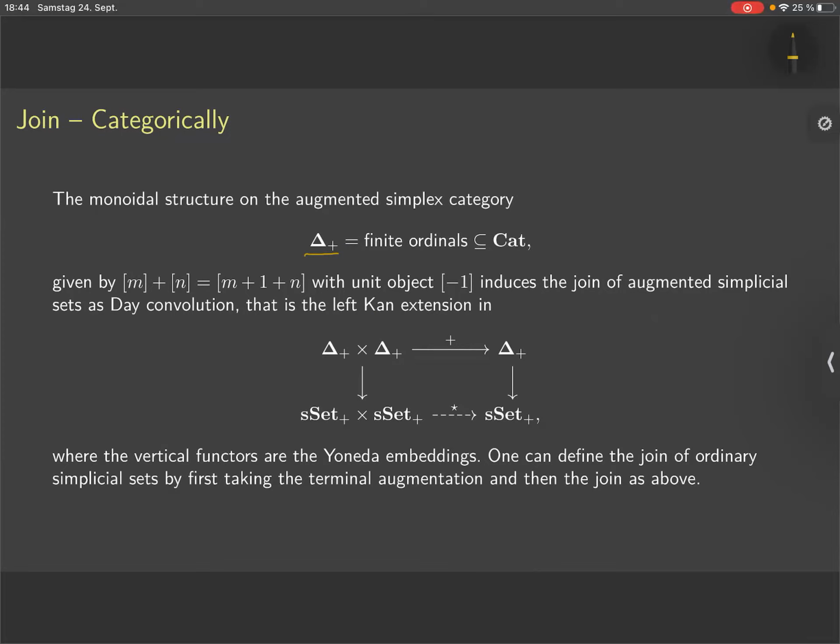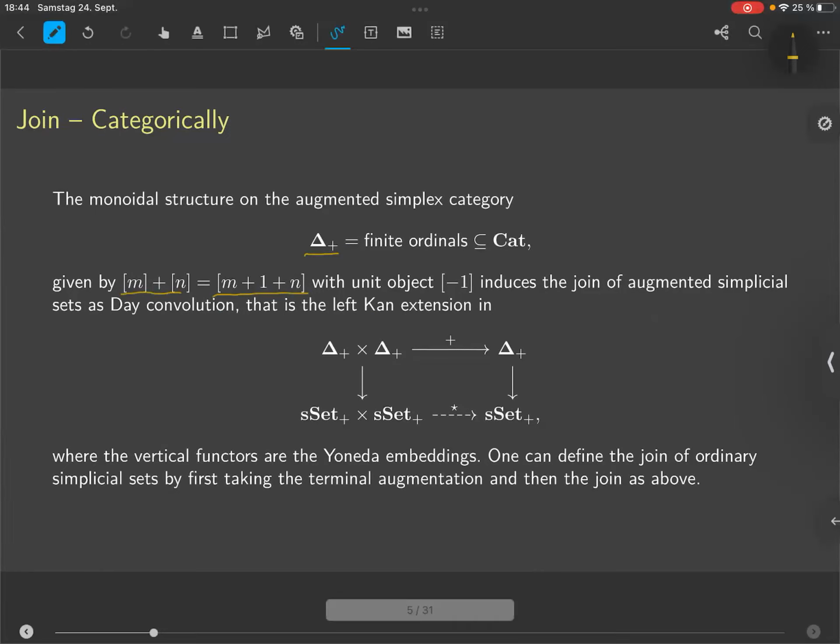And we have some monoidal structure on this: m plus n shall be this guy, m plus 1 plus n. The unit object -1 is the empty set. And this is a monoidal structure on delta plus.